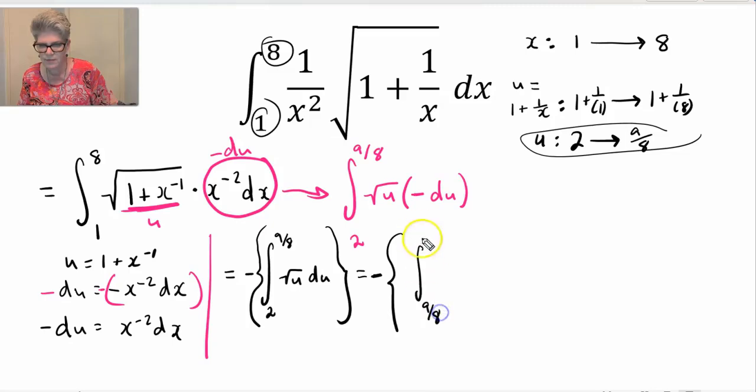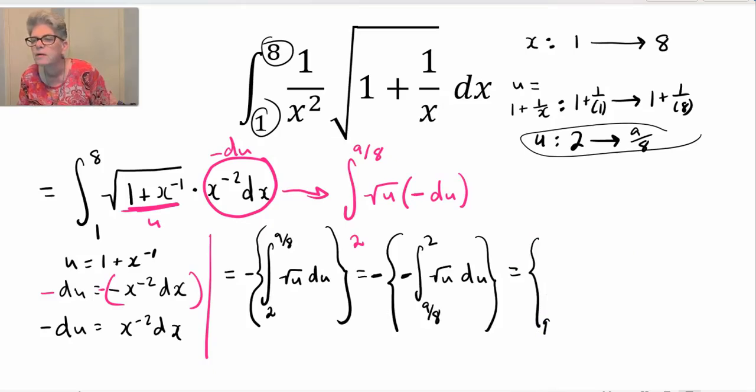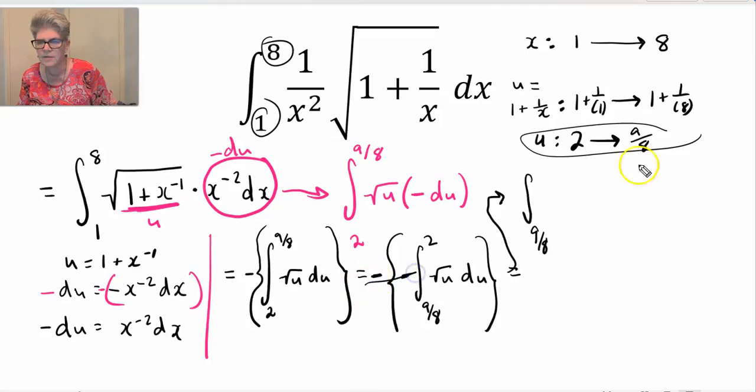And when I swap the two limits around, I'm going to have another negative sign. And see, those two are going to cancel each other out. And so now I have, I'm going to put that up here. So now these cancel each other out. And I have the square root of u times du.